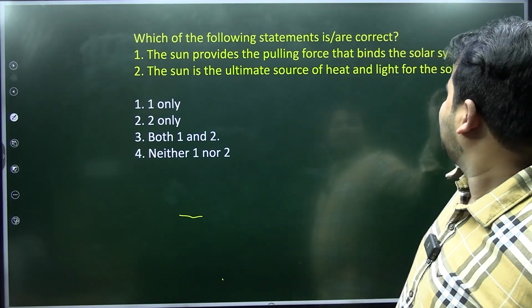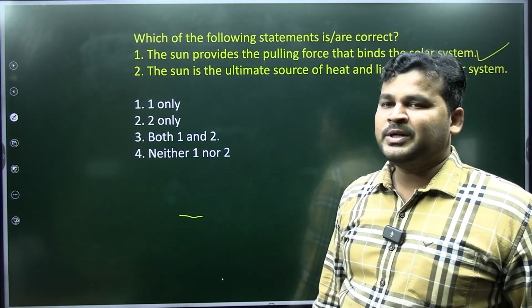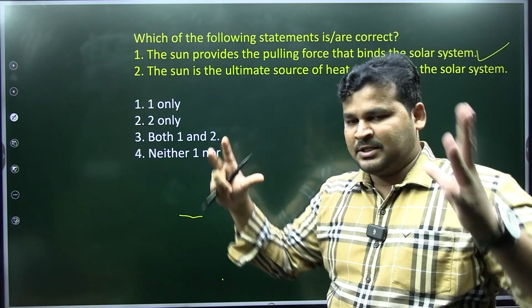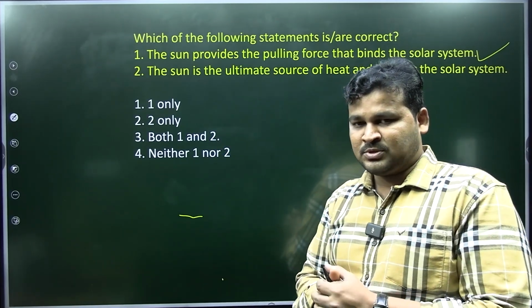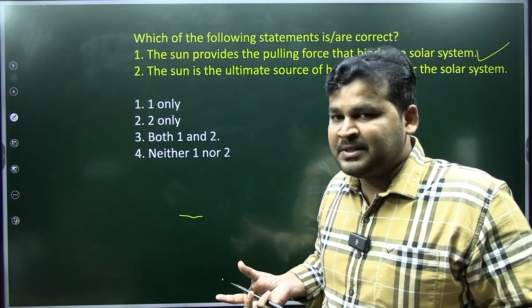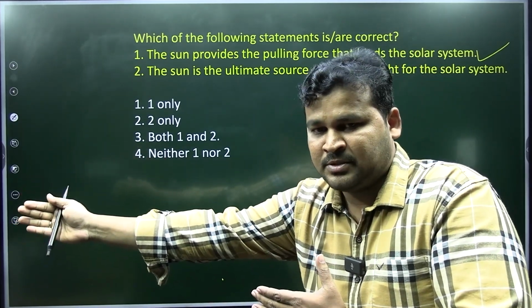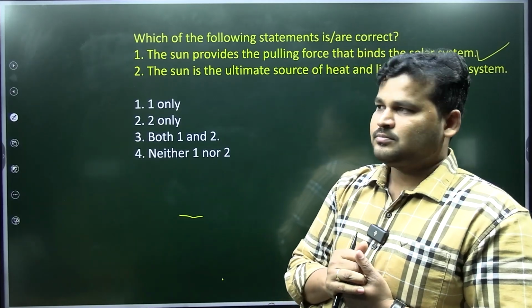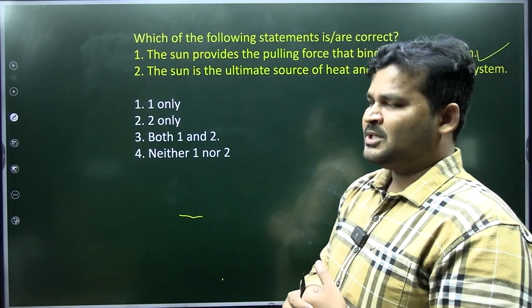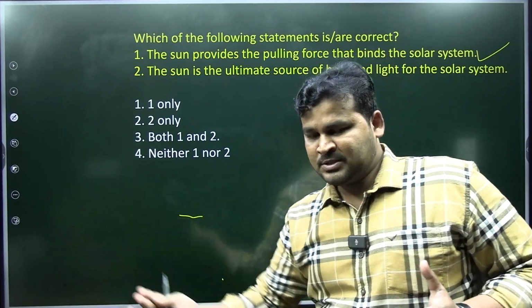So statement 1 is true. The sun provides the pulling force, meaning the sun is a big celestial body with a gravitational force. If any object has gravitational force, it has the capacity to attract smaller objects towards it. The sun is doing the same thing, attracting the smaller objects towards it.